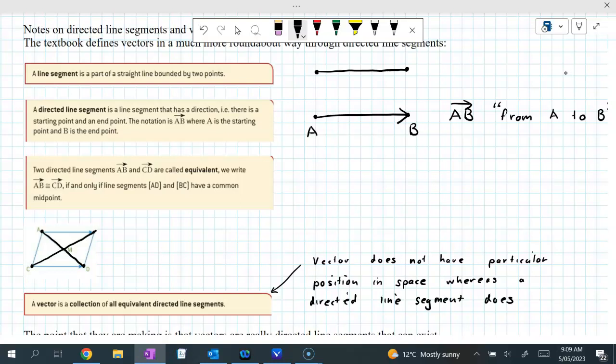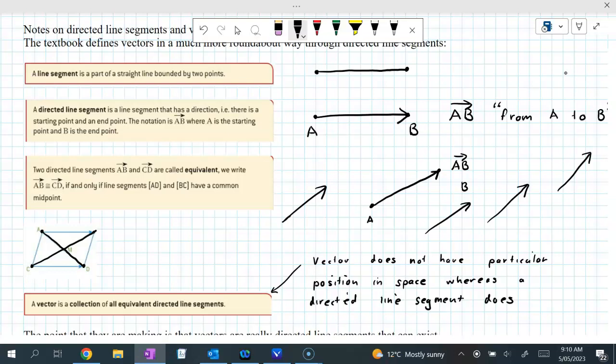So, for example, if I define 2 points, let's say that's A and that's B, my line segment AB is going from point A to point B. But the vector that this directed line segment represents could be anywhere. It could be there. I've got to have it the same length, so it could be there, could be there, could be there.